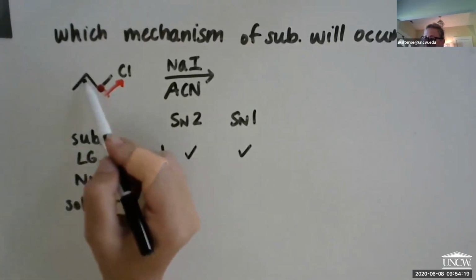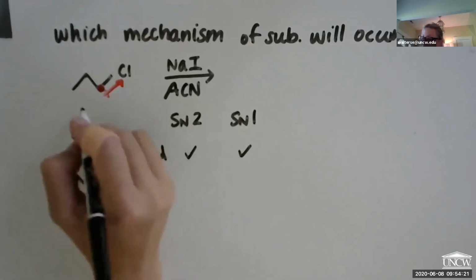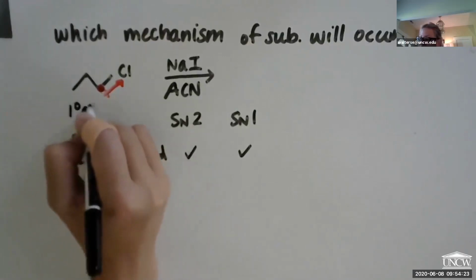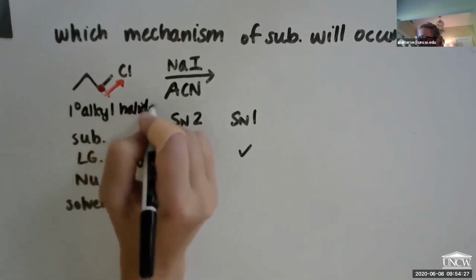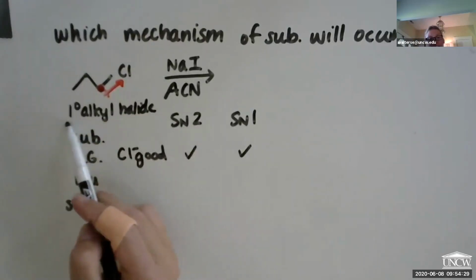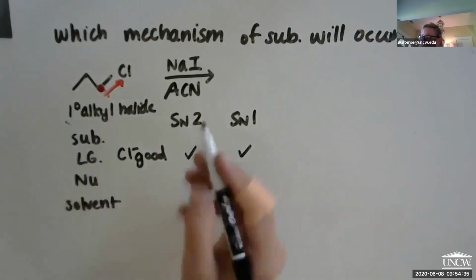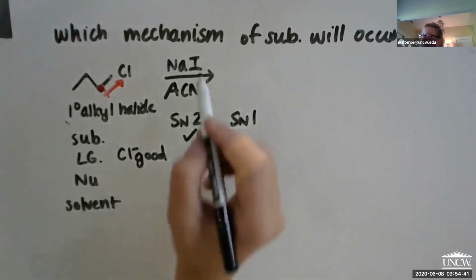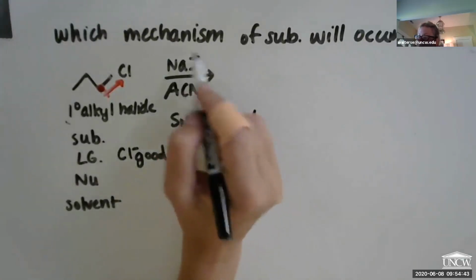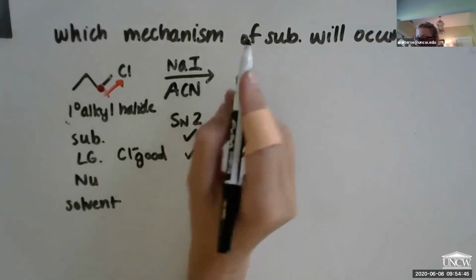That carbon is attached to one other carbon, so it's a primary alkyl halide. Primary alkyl halides do not form carbocations. They participate in backside attack. That's an SN2 reaction.